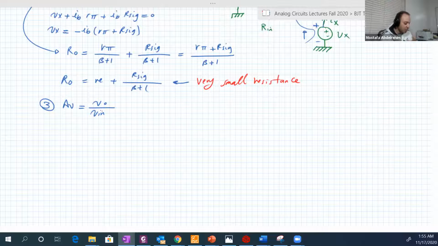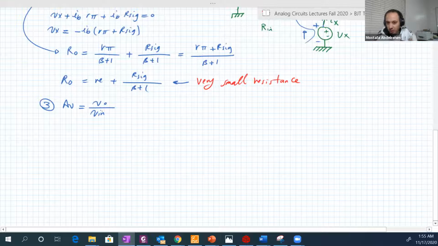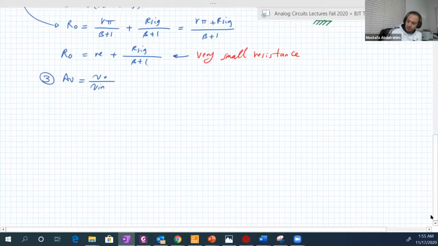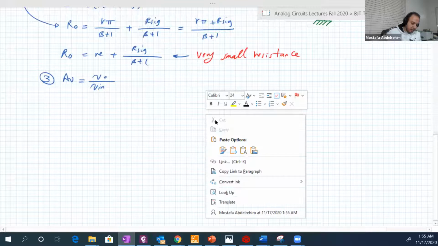You remember, guys, there is voltage gain and open loop voltage gain, and open loop voltage gain is just the voltage gain when the load resistance is equal to infinity. I can do AV first, then AV naught, the open loop voltage gain, opposite to the way we did before. Before, we got AV naught first, then AV, but we can do the opposite, as we will see now. So VO over V input. Let's put the circuit again for our convenience.